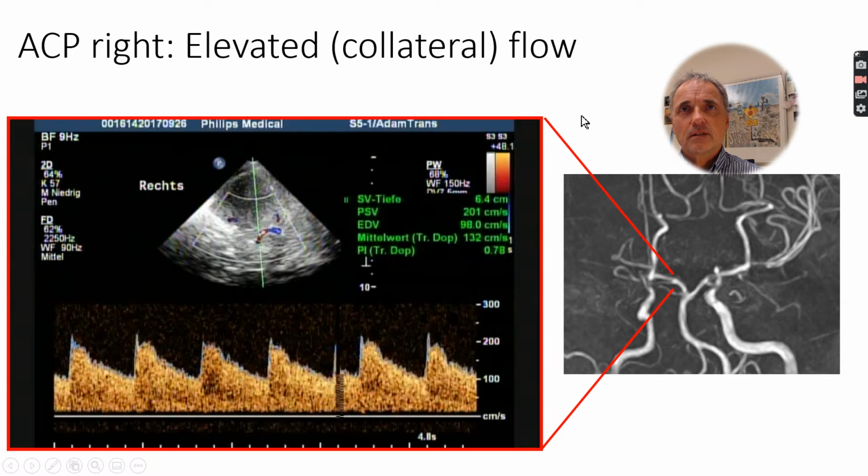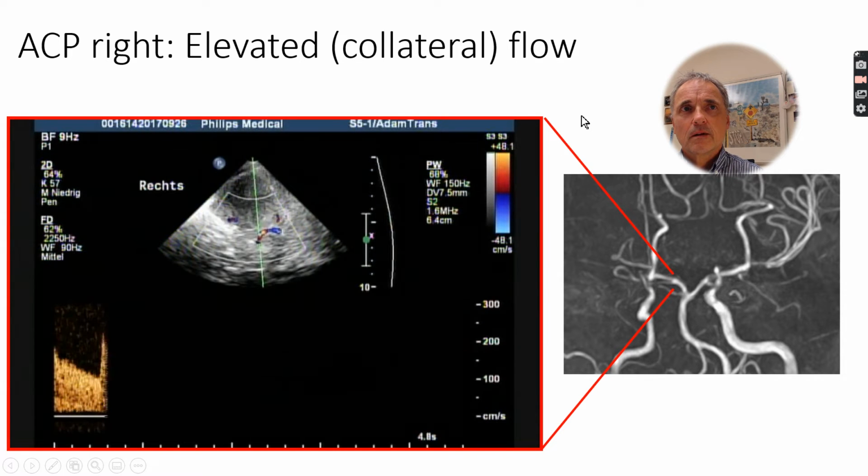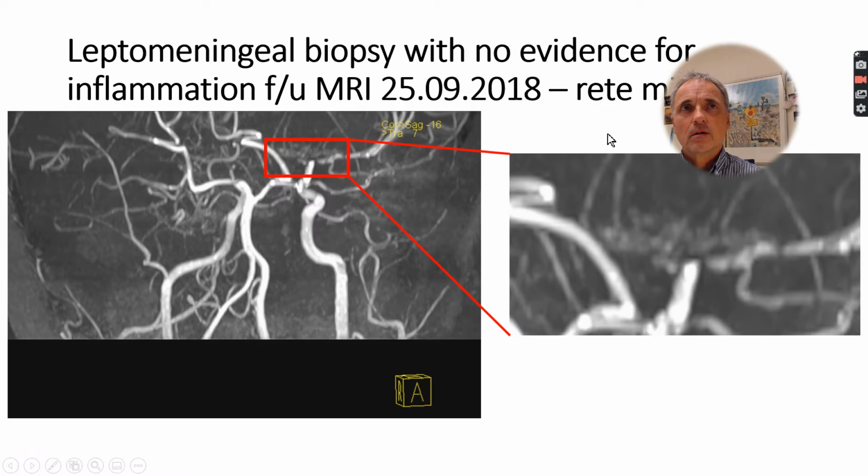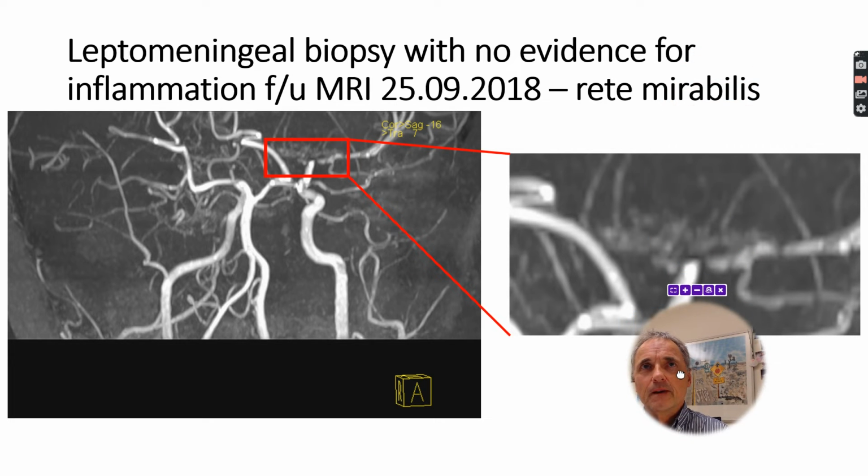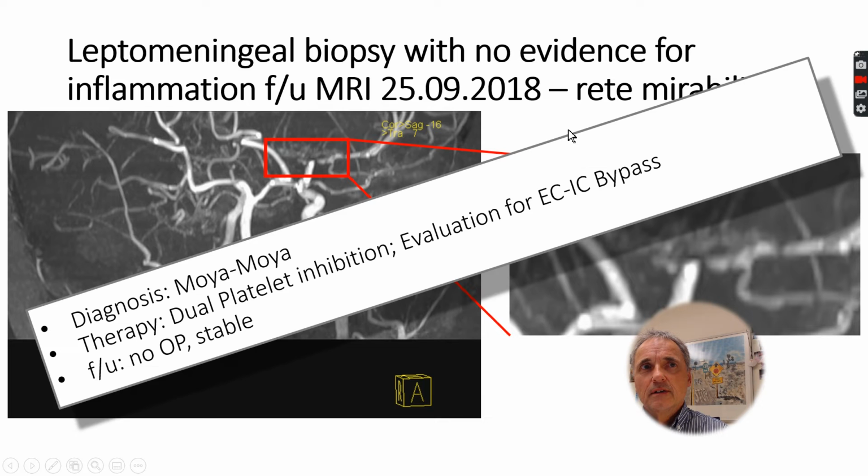200 centimeters per second. MR angiography showed a rete mirabile, which we interpreted as a hint for Moyamoya syndrome. The patient was also presented for extracranial-intracranial bypass.